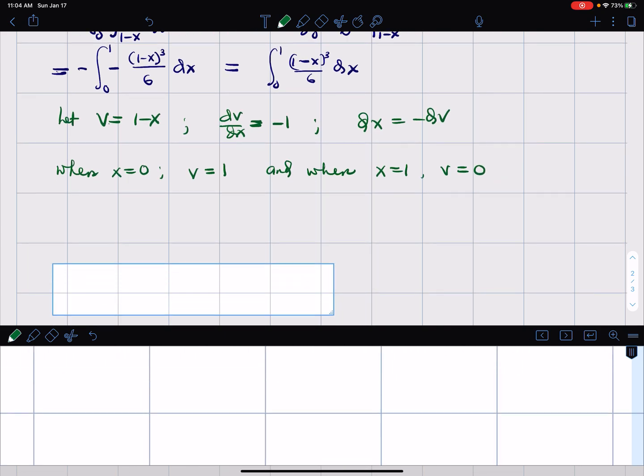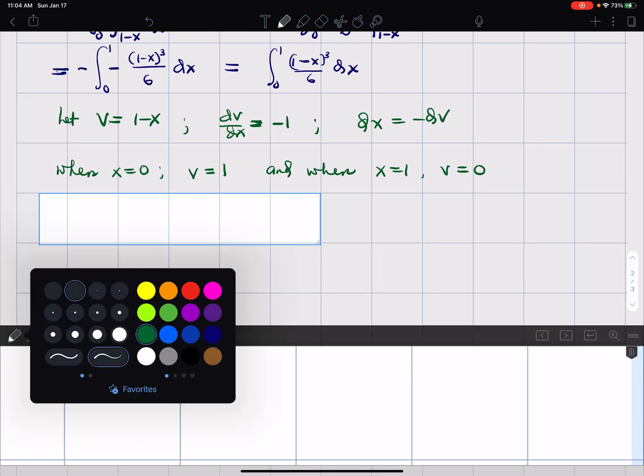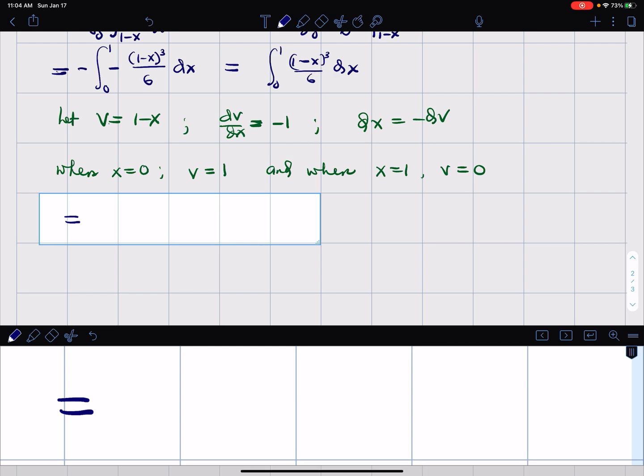So things are going to be flipping, and we now have integral v cubed over 6. And then we're going, instead of from 0 to 1, we're now going from 1 to 0.